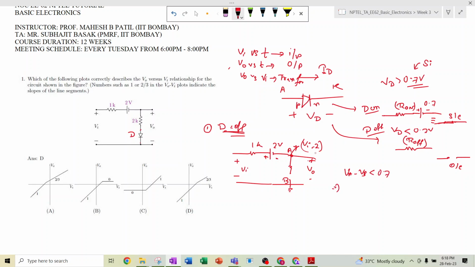So what is VA? VA is Vi minus 2, so Vi minus 2 minus 0 is less than 0.7 volt. That means Vi is less than 2.7 volt. So when Vi is less than 2.7 volt, the diode will be off, and at that time the output voltage VO is nothing but Vi minus 2. Okay.